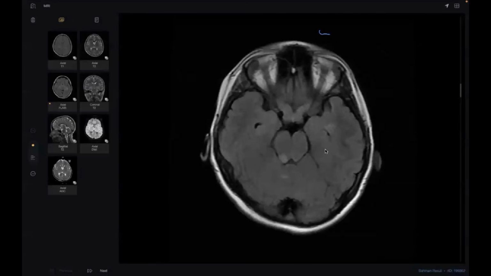What happened here? Okay, there is thickening of the optic chiasma. What does it mean for you?